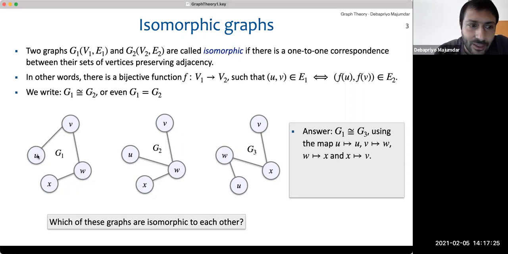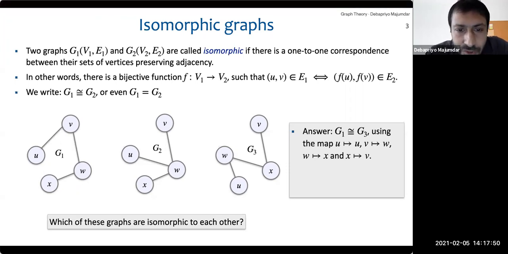Well, U maps to U and V maps to W. Here U and V have an edge, so here U and W must have an edge. Similarly, you can check the other pairs of vertices: if these two have an edge here, they will have an edge there, and so on. So is it clear that G1 and G3 are isomorphic?